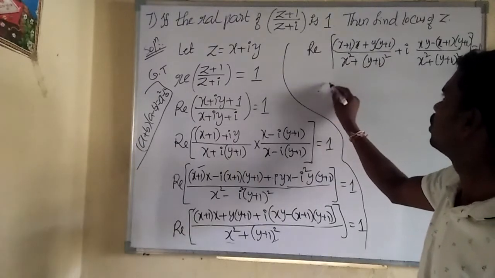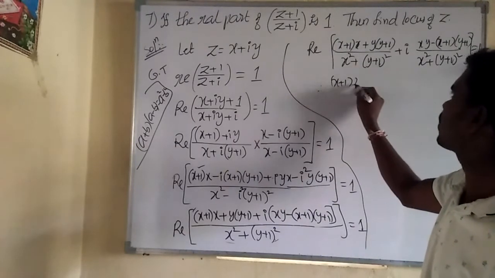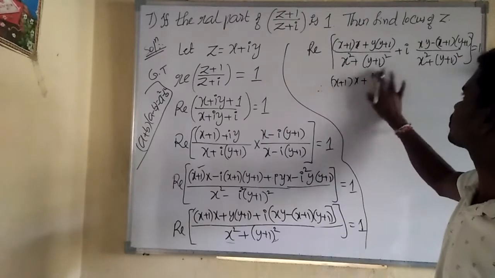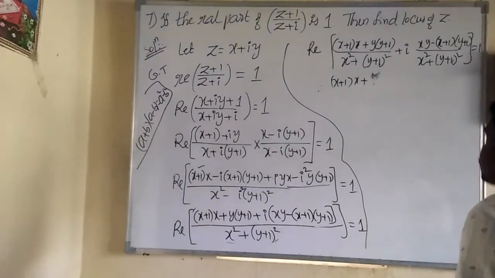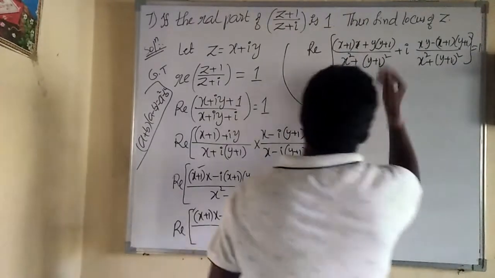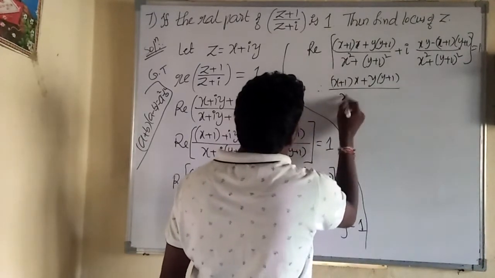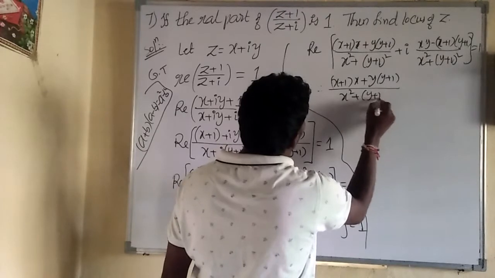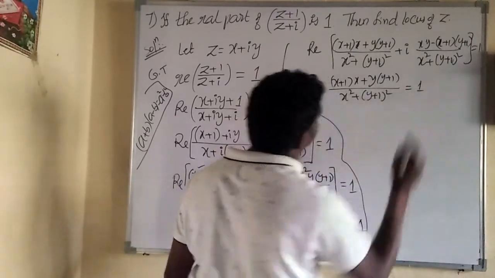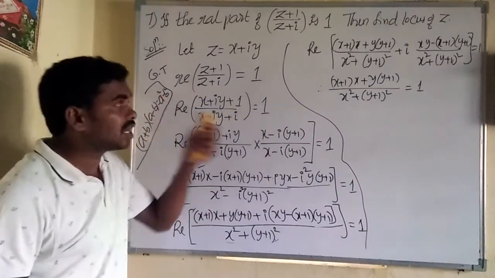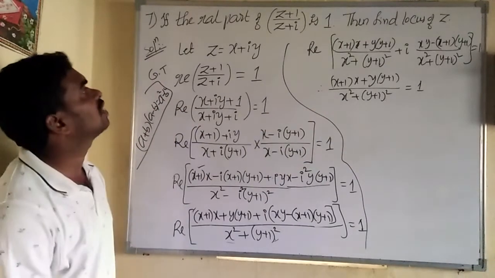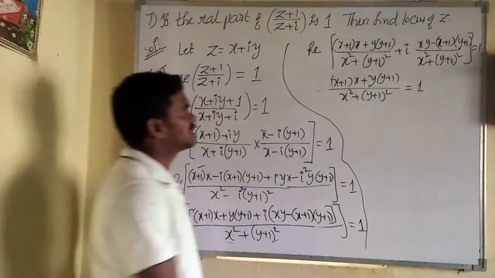So therefore, x plus 1 into x plus y into y plus 1 by x square plus y plus 1 whole square equal to 1. After simplifying, we get the locus of z. That's very simple.